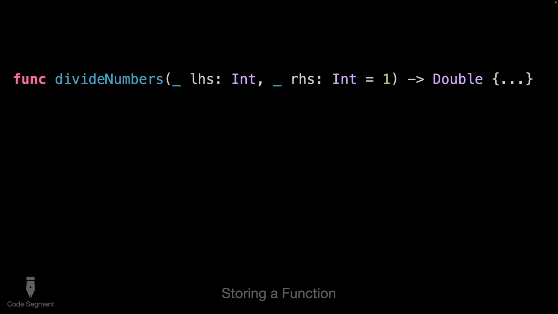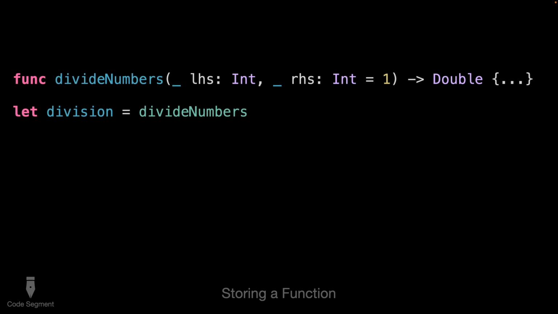So let's show you how you would store a function. Here we have our divide numbers function that we were previously looking at. We define a constant called division. We use the assignment operator, and we just use the function identifier. It's important that you only use the function identifier for function assignment, because if you call the function there, then instead it's going to take the return type and put that into your constant, right?